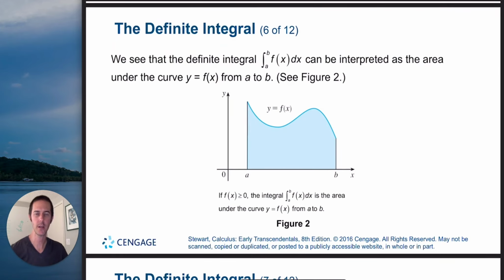So there's the shading underneath a portion of an arbitrary curve. So again, the integral from a to b of f of x with respect to x can be interpreted as the area under the curve. Which curve? This curve, y, which is some function of x. From where to where? From a to b.